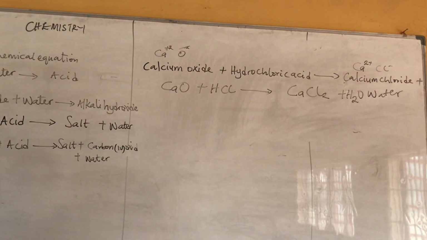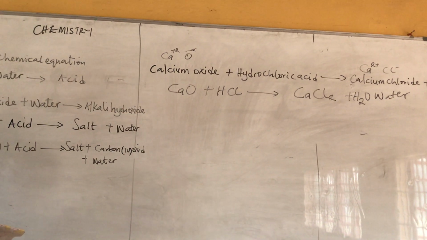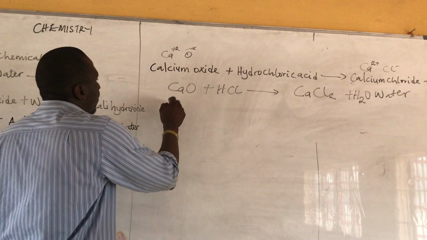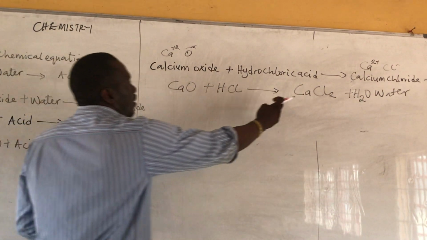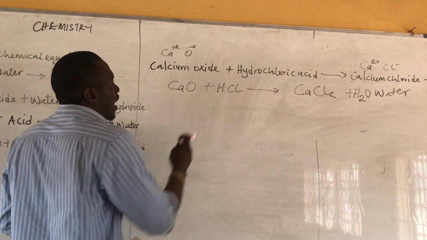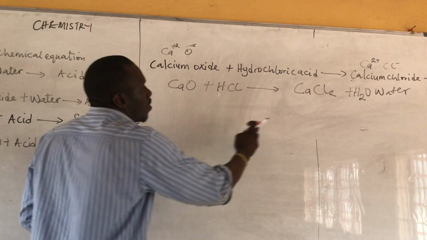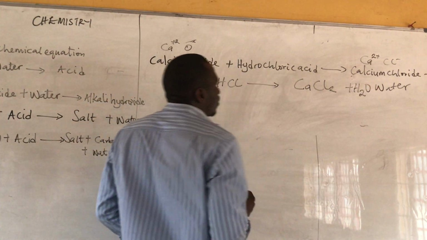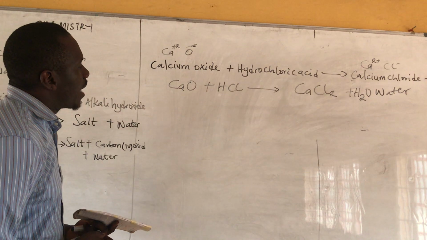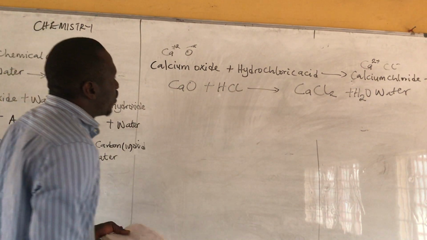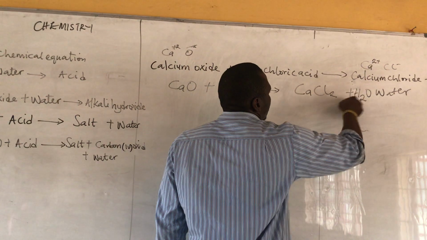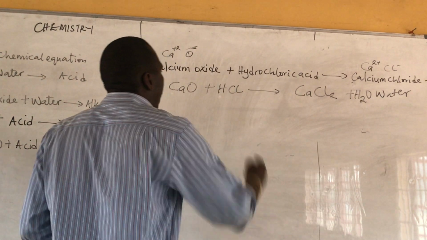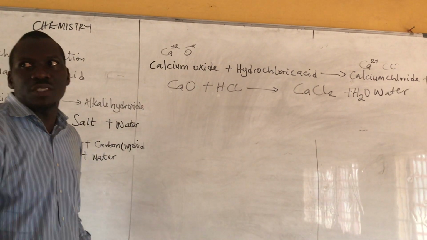This is a correct representation of the formula, but the equation is not balanced. Let's do atom count to be sure. Calcium on this side is 1, calcium on this side is 1, calcium balanced. Hydrogen here is 1, on this side it is 2. Oxygen 1, oxygen 1. When you have this kind of equation, take the subscript of the one that has more atoms and put it on the side that has the deficiency.